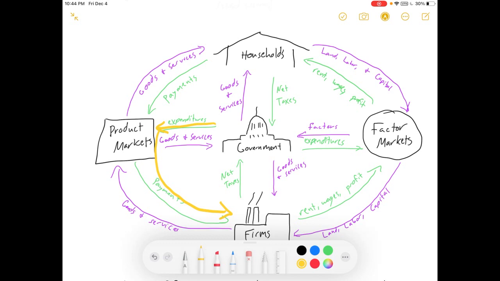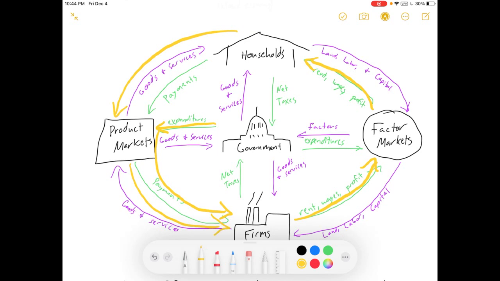Those firms receive that money, and they have to hire more workers and other resources in order to keep production up. That money works its way over to the households who collect more income. And in those households, what do they do with that new income? They can go buy more stuff. And where does that money go?